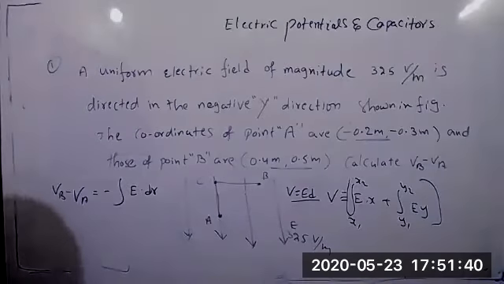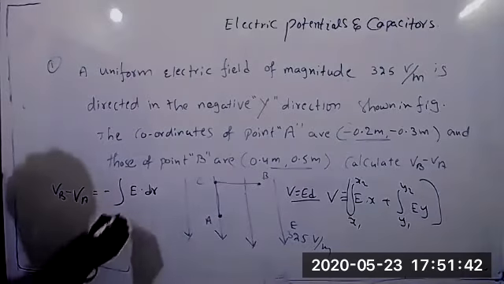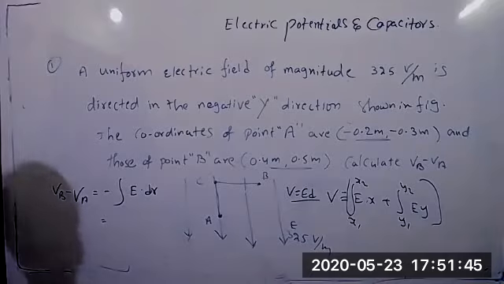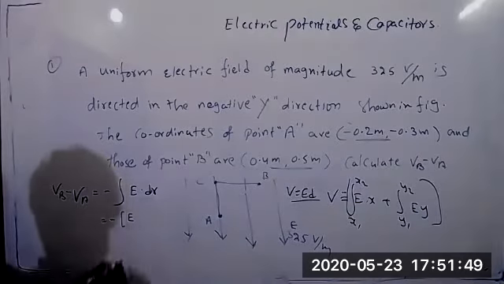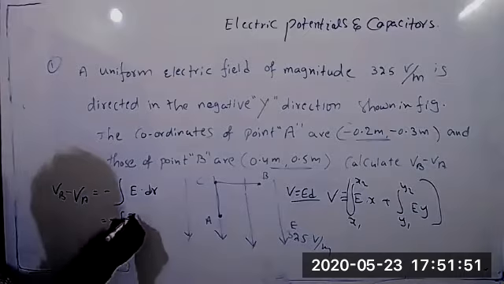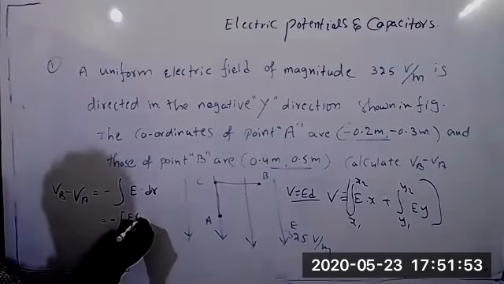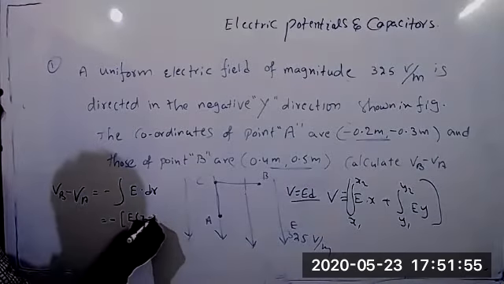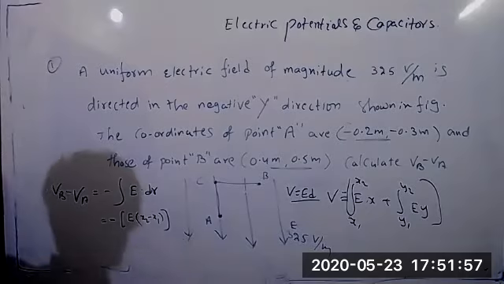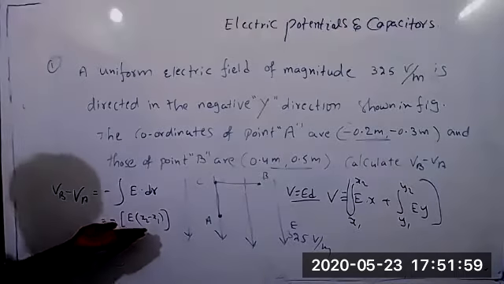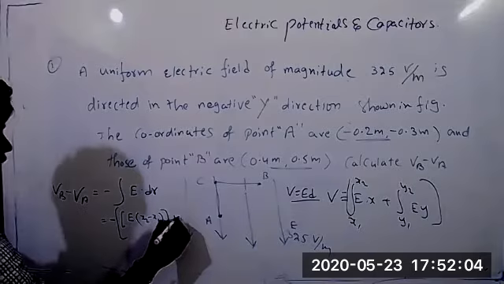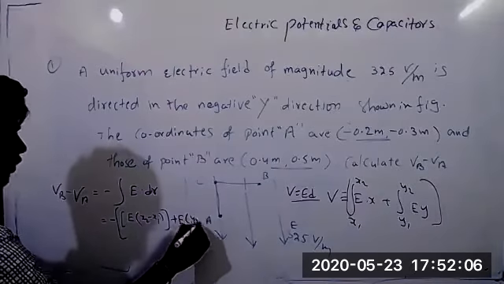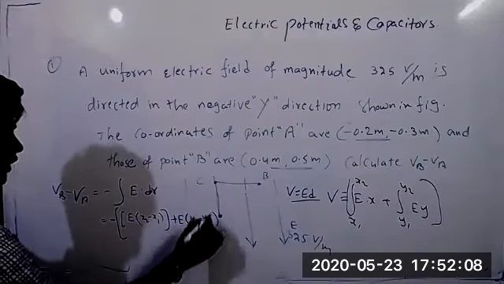So if you use this, finally this formula will become: E, keep it negative outside, E it will be like x2 minus x1, right? This formula will become in the same manner plus y2 minus y1. E, y2 minus y1, it will be like this.